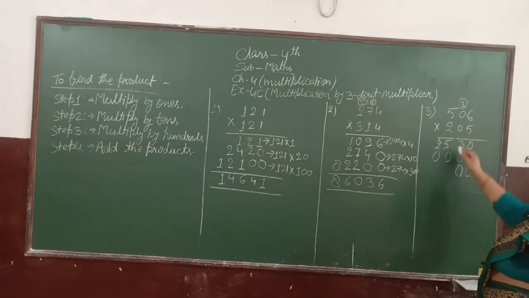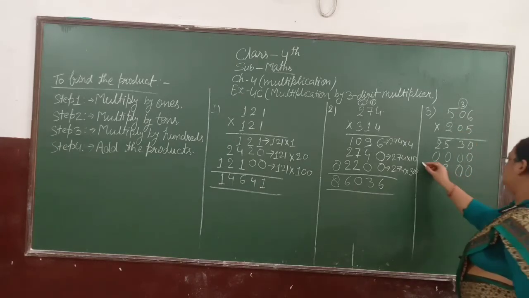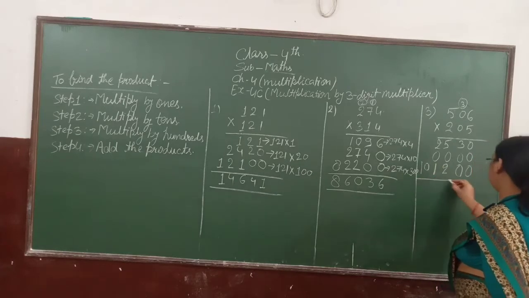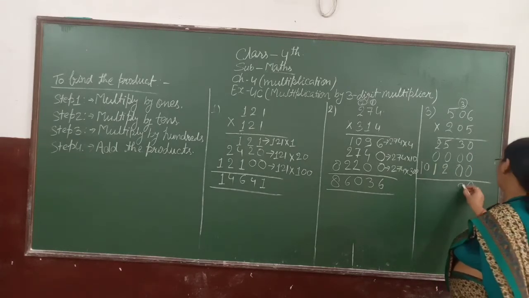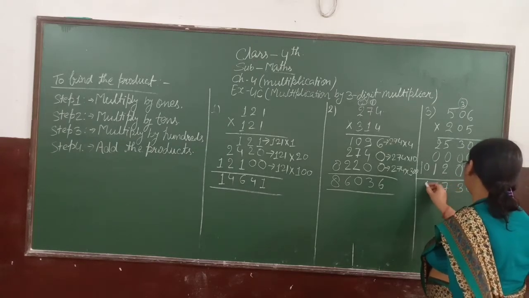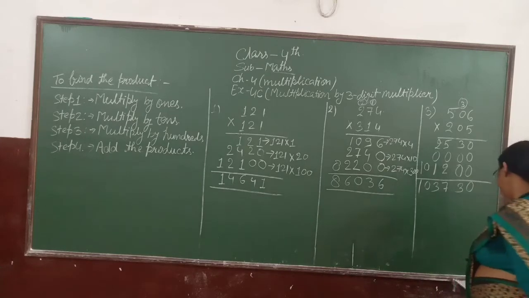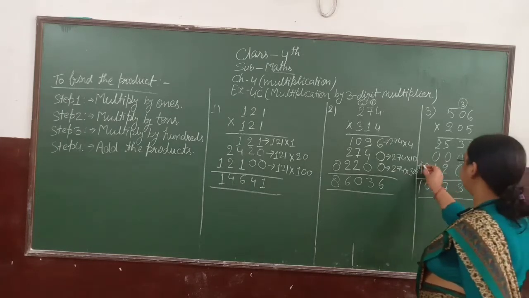Then 6 2s are 12 and 5 2s are 10. 0 3 7 3. This is your required answer.